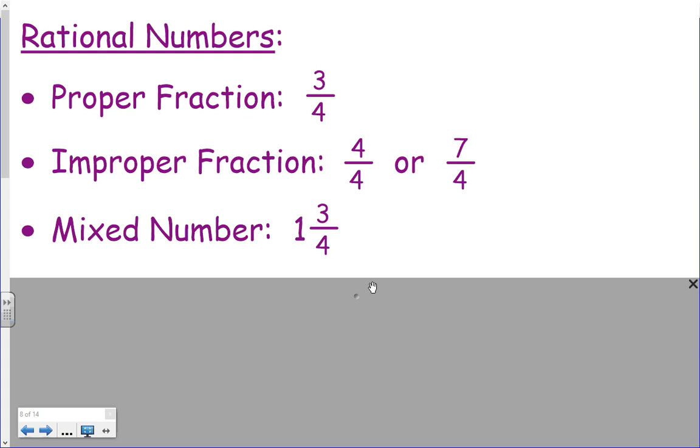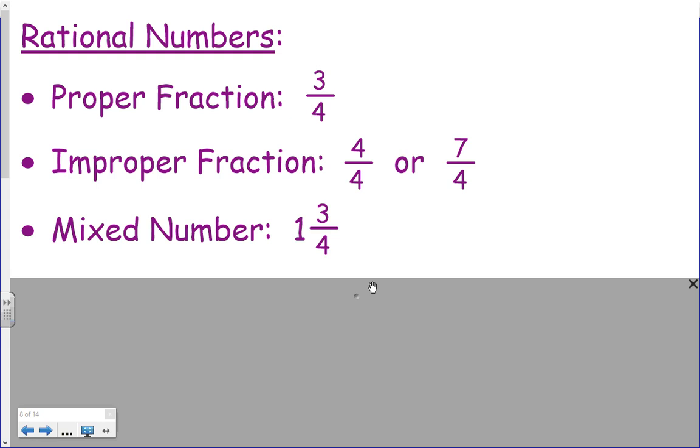We can have an improper fraction when the numerator is equal to or greater than the denominator. So for example, 4/4 is an improper fraction because the numerator equals the denominator. Or 7/4 is improper because 7 is greater than 4. And then finally, we can take and rewrite these improper fractions as a mixed number.